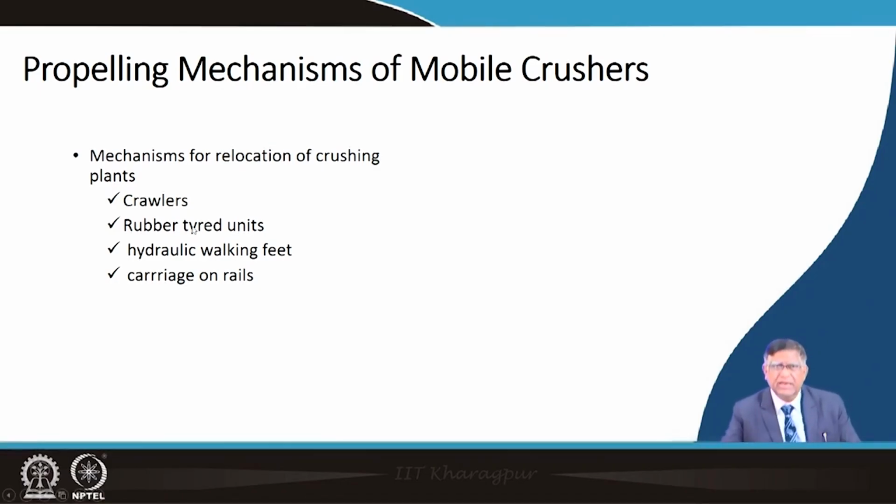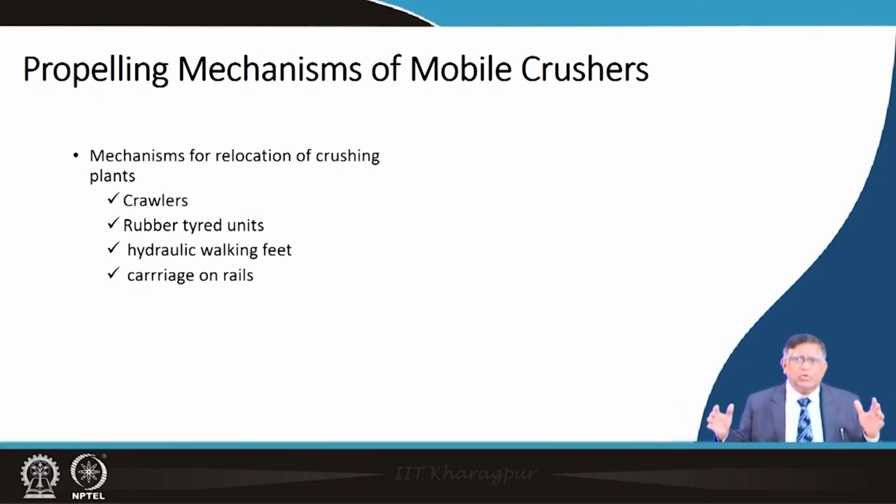It can be crawler mounted, rubber tire mounted, have hydraulic walking feet, or be carried on rails. In the hydraulic walking system, you have a walking pad with an arrangement of hydraulic linear actuators that make it move. The walker is fitted by the side of the whole structure.